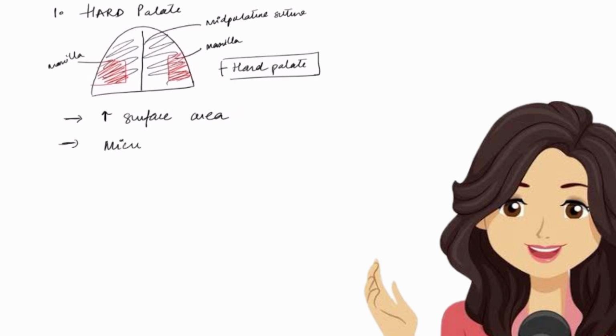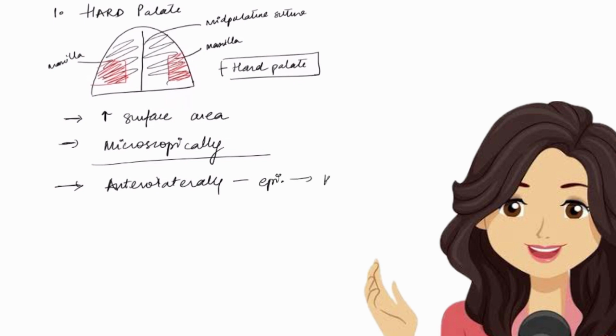Microscopically, there are certain features of the hard palate that will help you understand why support is derived from hard palate. Firstly, anterolaterally in the hard palate, the epithelium which is present is keratinized. Now we all understand from pathology in general that keratinization is a feature which is desirable for support because of the presence of a layer of keratin. It can absorb and then eventually dissipate the forces very nicely.